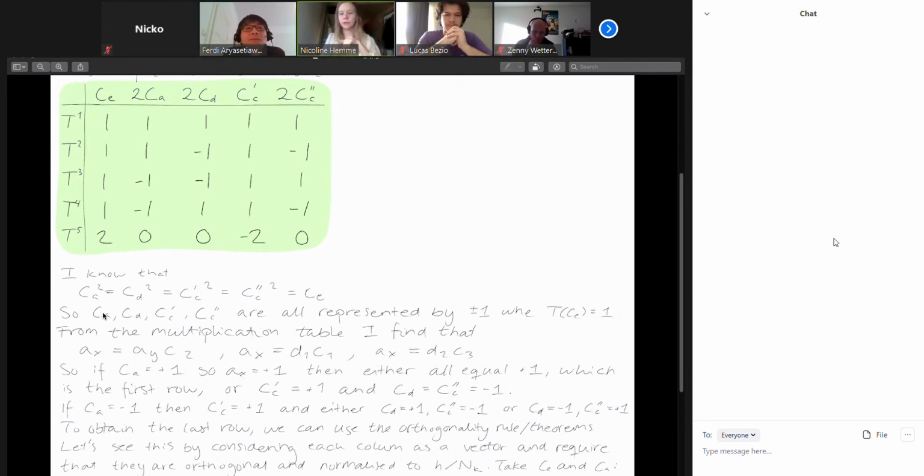From the multiplication table, I think. So you're using the fact that the square of the elements in the class is equal to the unit element.